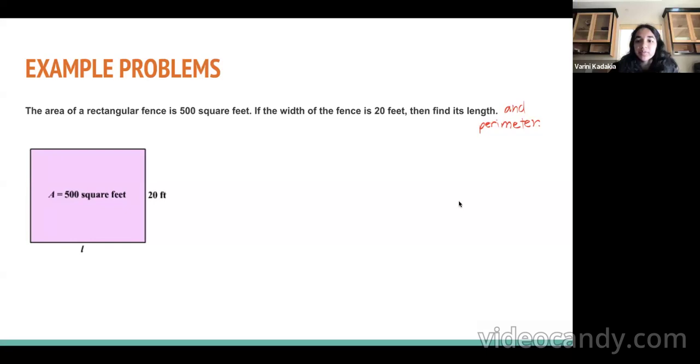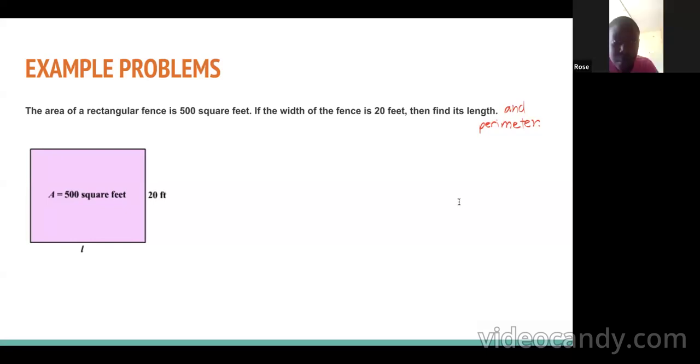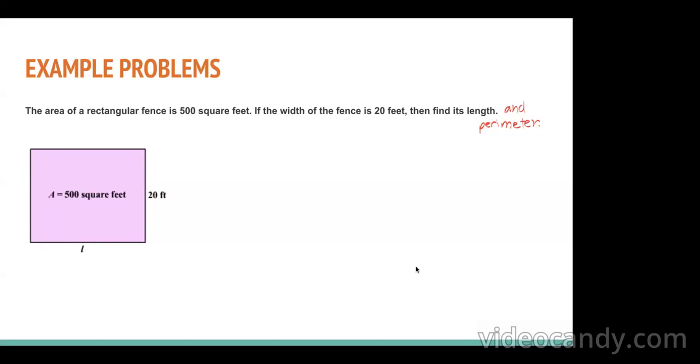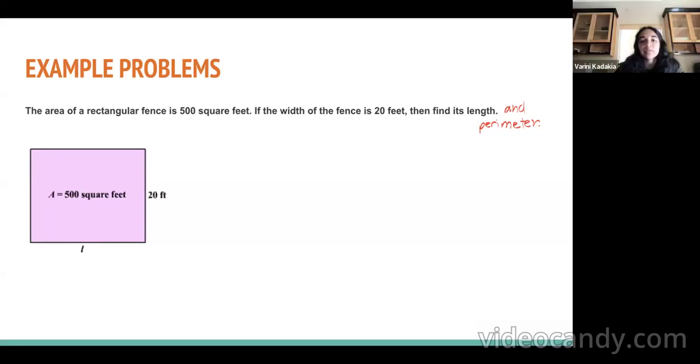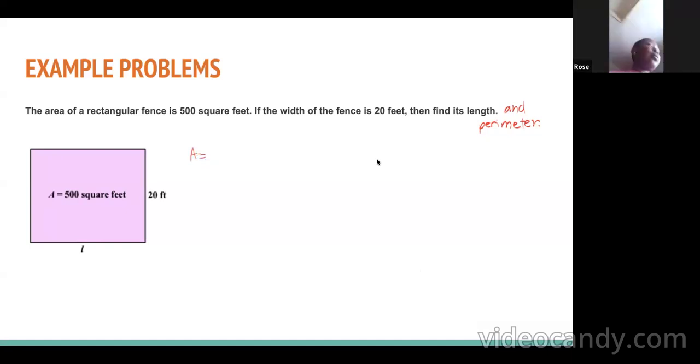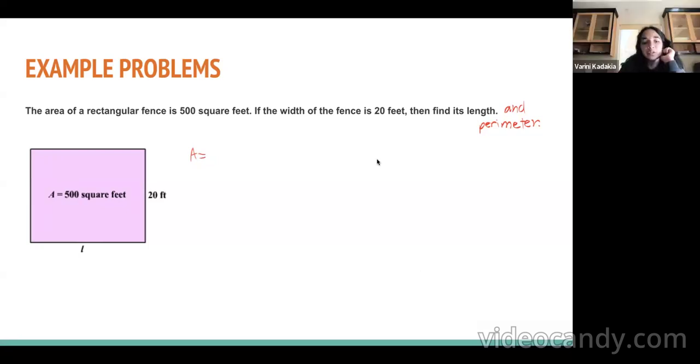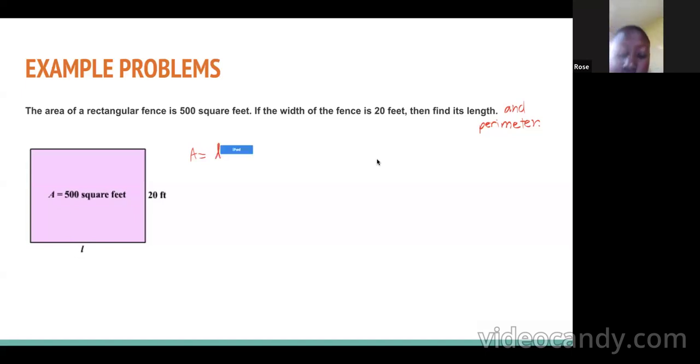Okay, are you guys okay if I go over the answer? Yes, please. Okay, so I think some of you are confusing the formulas. What's the formula for the area of a rectangle? Length times width.